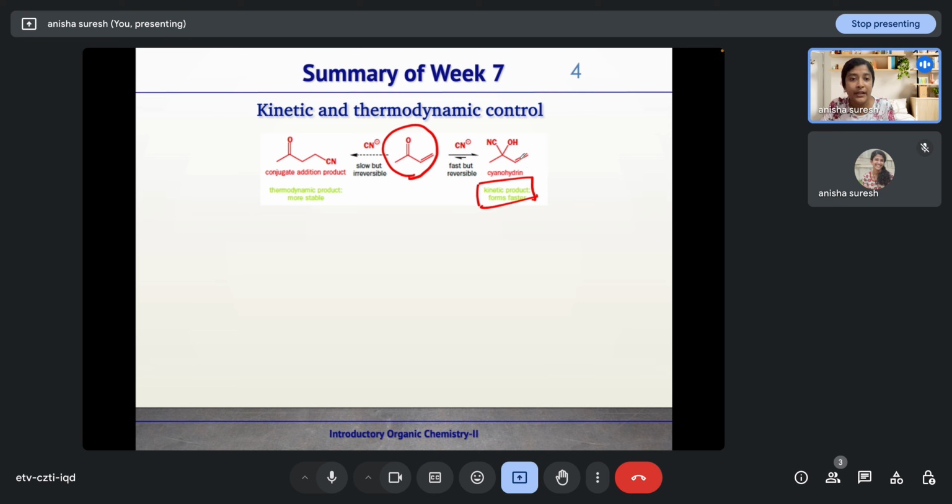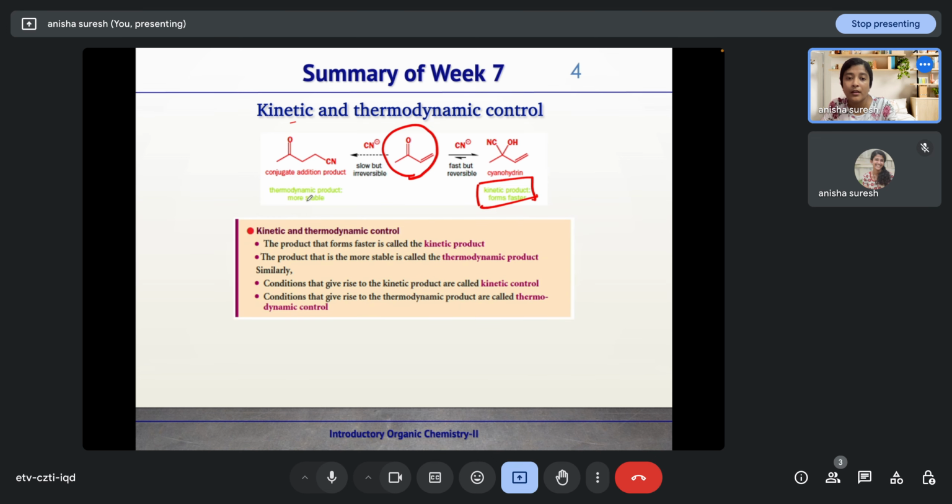So this reaction will take place at a faster rate, but the reaction will be reversible. And when this reaction is carried out at a slow rate, we will get this irreversible conjugate addition product. This thermodynamic addition product will be more stable.